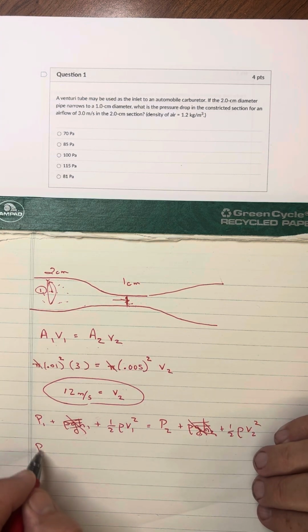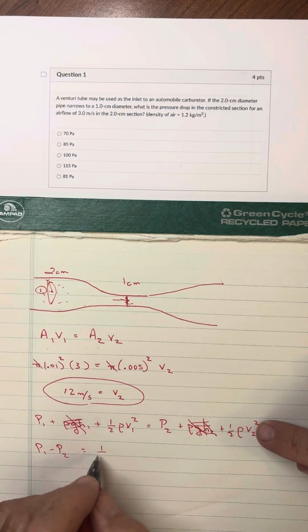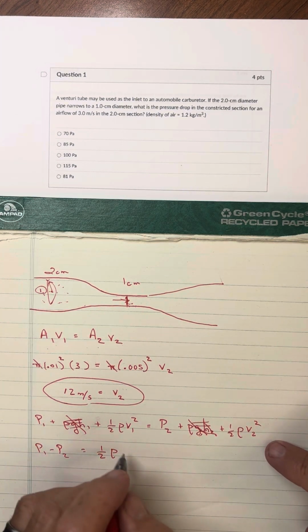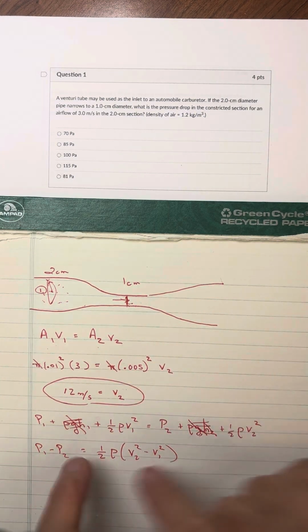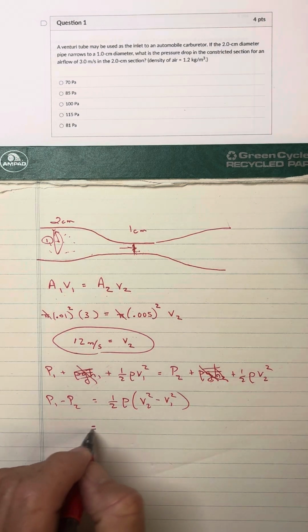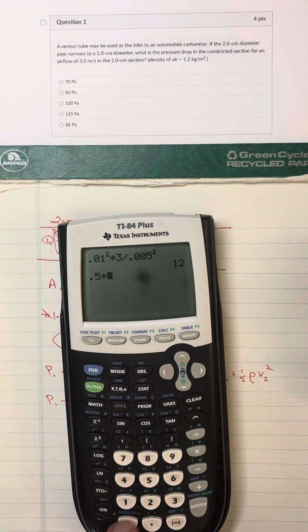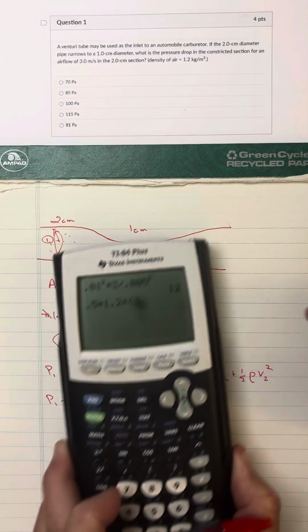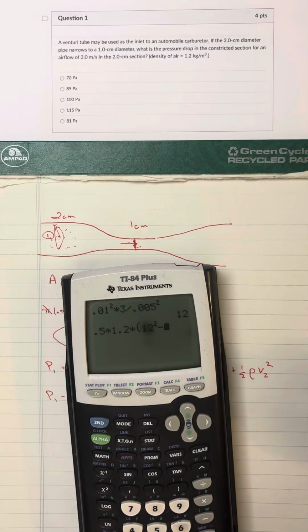So let me write this as P1 minus P2 so that it's a positive number. And so this is going to come out to be 1/2 rho, and I'll go V2 squared minus V1 squared when I move this, and then factor out the 1/2 rho. And now I can put this into my calculator, 1/2 times rho, 1.2, times the quantity velocity number 2 is 12 squared, minus velocity number 1, 3 squared.